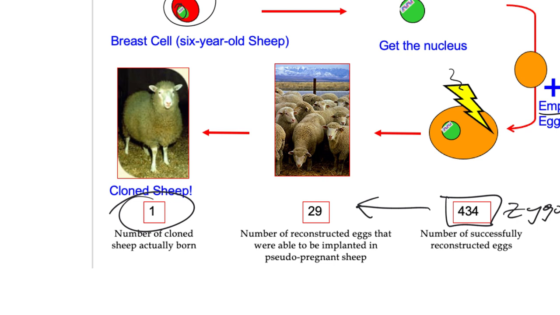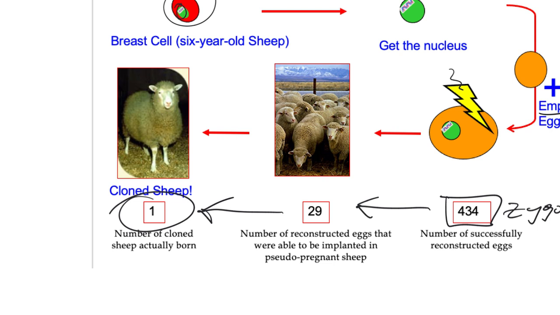Okay, so there's a big inefficiency problem here. Every time you have an inefficiency event, an individual dies. The zygote dies. Of those 29 that were actually implanted, only one was successfully cloned.